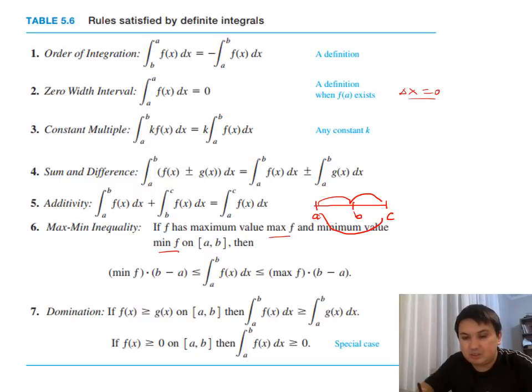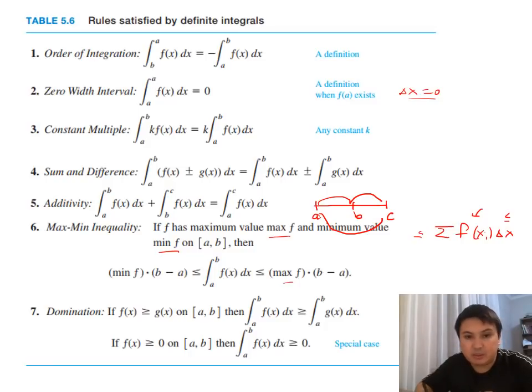Again, this is easy to see from the Riemann sum. If you remember, the Riemann sum definition was the sum of f of xi times delta x. So if I replace this f with the minimum, it will be smaller. If I replace it by the maximum, I will make it bigger. So by the sandwich theorem, the integral falls between the min and the max.